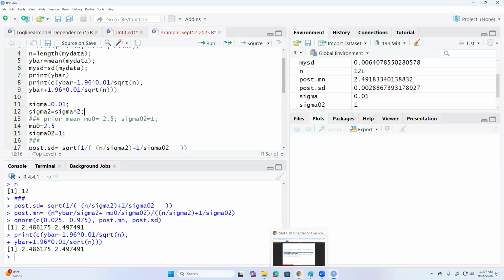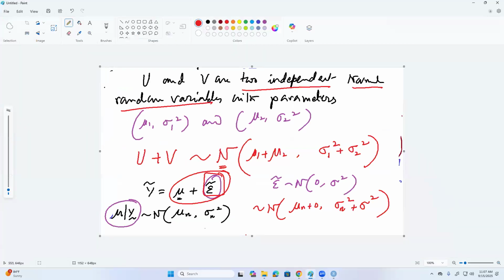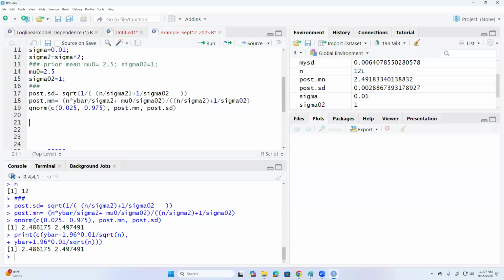All right, so next, another thing I want to talk about is the future observation. So what is the predictive distribution here?